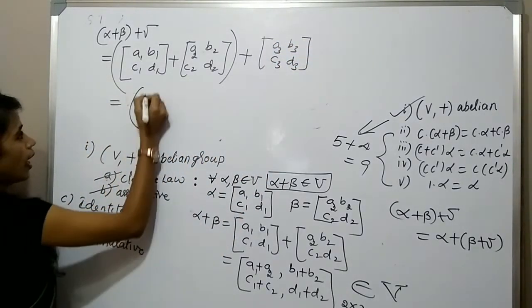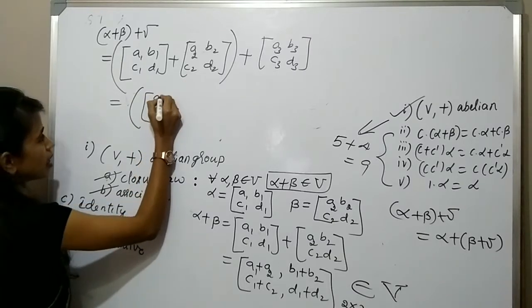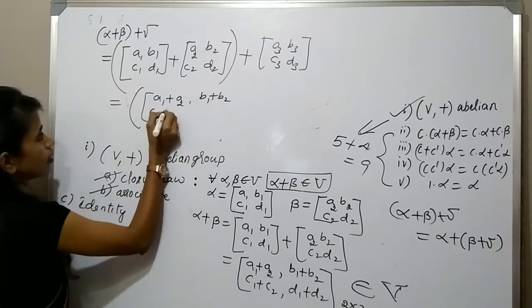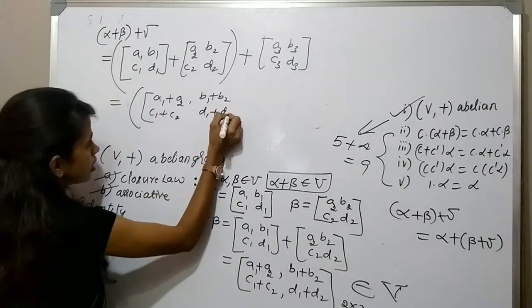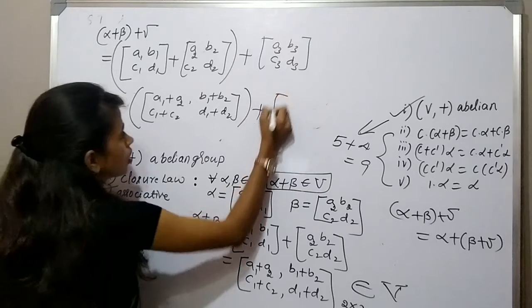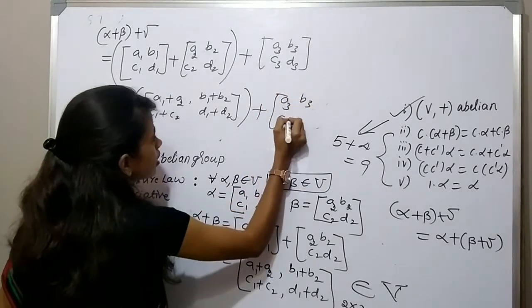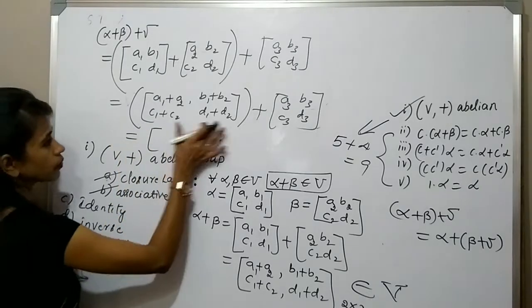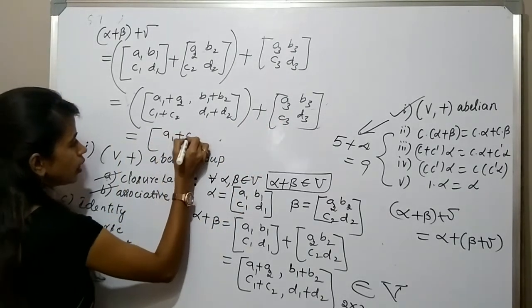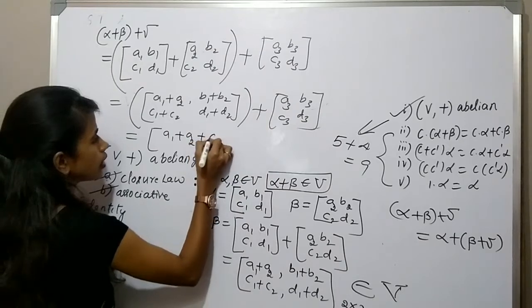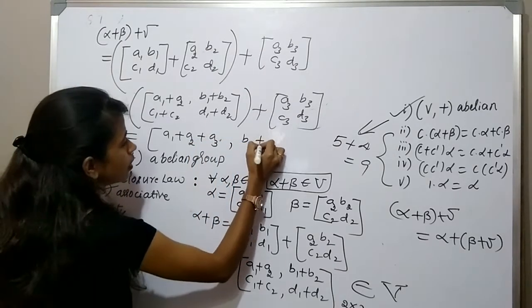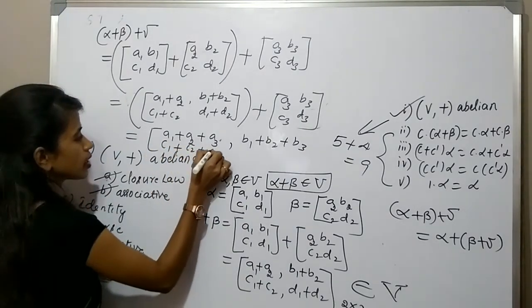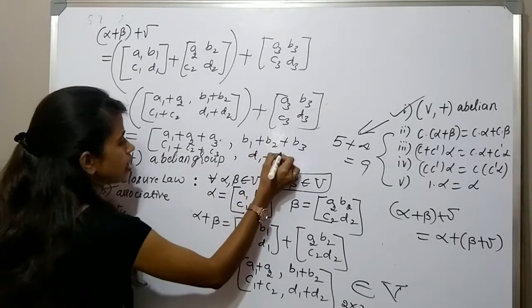Adding within the bracket gives A1 plus A2, B1 plus B2, C1 plus C2, D1 plus D2, then plus A3, B3, C3, D3. So we get A1 plus A2 plus A3, B1 plus B2 plus B3, C1 plus C2 plus C3, D1 plus D2 plus D3.